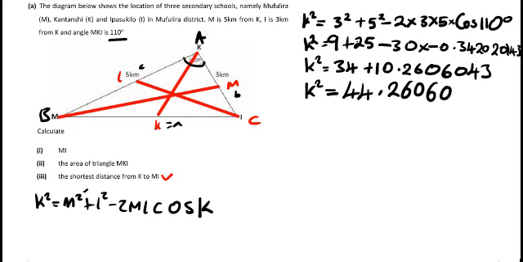Since we just want to remain with K, we introduce a square root to both sides, so like that we cancel, our K will be equal to the root of 44.2606043.